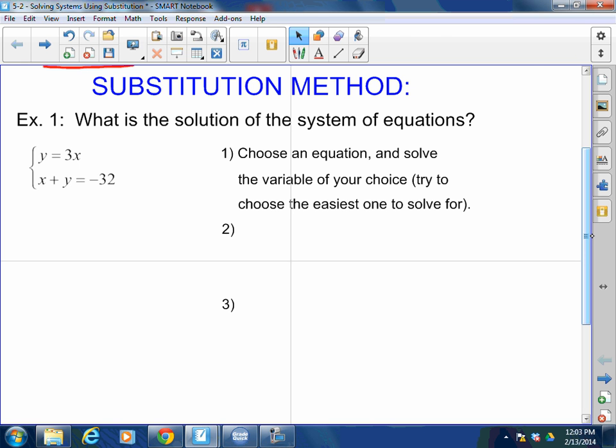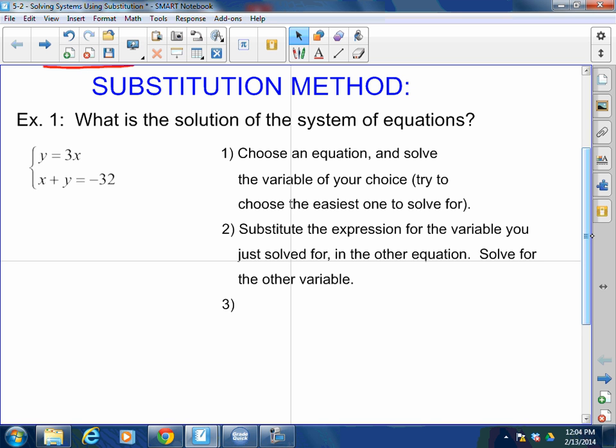No, because I already know what y equals, correct? So I have already done step one for you. We already know what one variable equals. That's the goal. You want to either know what x is equal to or what y is equal to. In this case, it's already been solved for. So that's step one.